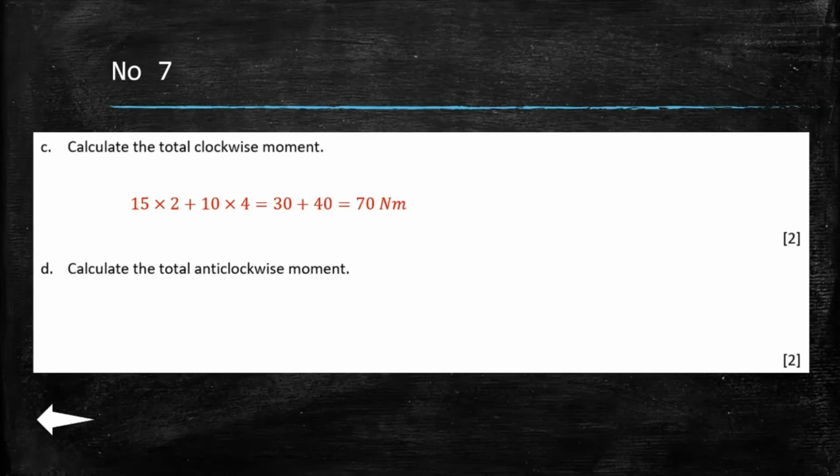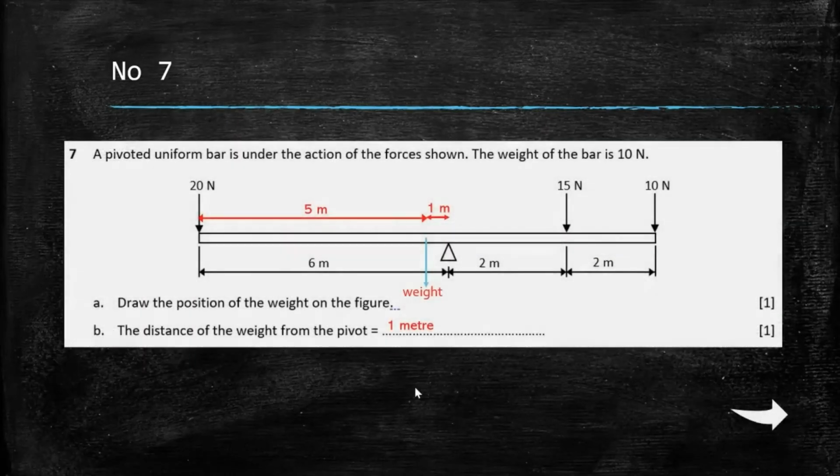Number 7d. Calculate the total anti-clockwise moment. Once again, we have to go back to the figure to know which forces produce the anti-clockwise moment. On the figure, we can see that weight and the 20 Newton force here both are on the left side of the pivot.